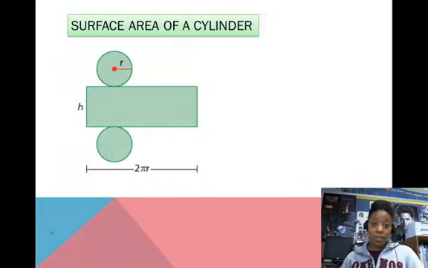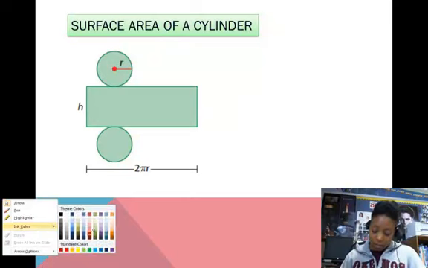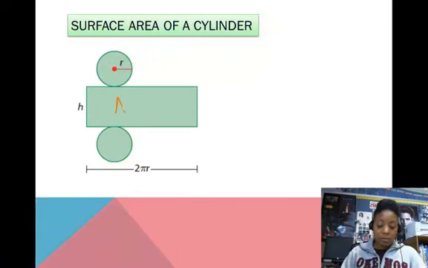Now, if you're going to find the surface area of a cylinder, we already know that the area of the part around is 2 pi r h, and then you have an area here of pi r squared and an area here of pi r squared.